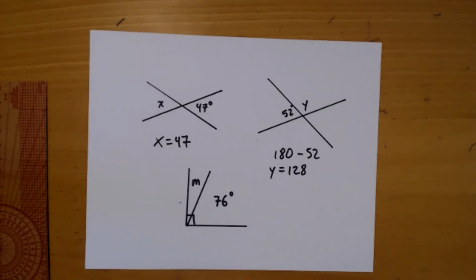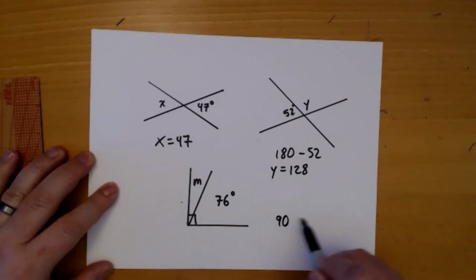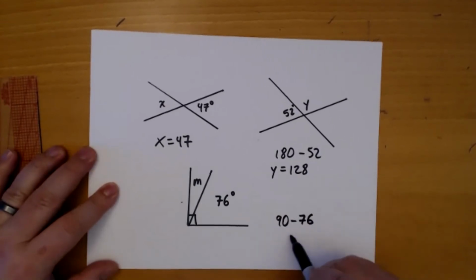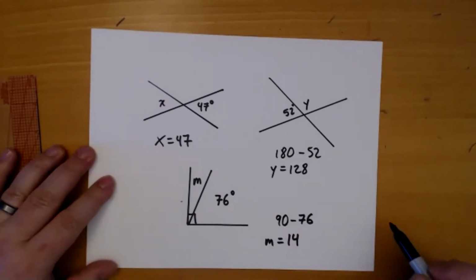Like to get a couple more. Guys, you all have calculators on your phones. You're just subtracting two numbers. Okay, so 90 minus 76 is 14. So M is 14.